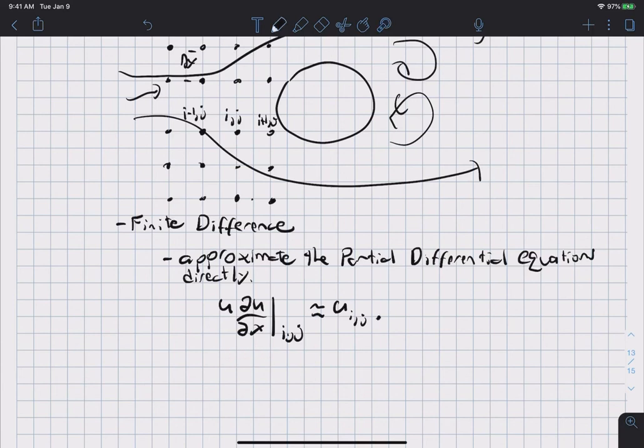For those of you who have had numerical methods, one way of approximating this derivative would be u of i+1, j minus u of i-1, j divided by 2 delta x. Okay? And so this here is u, and this here is approximately partial u partial x.